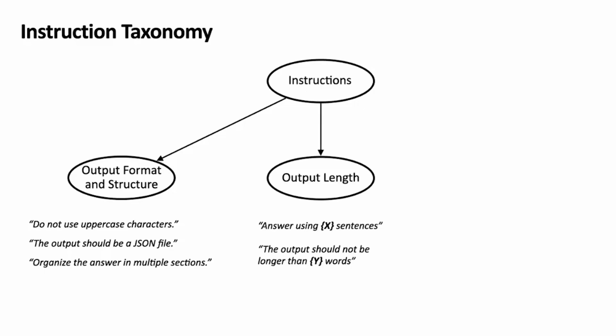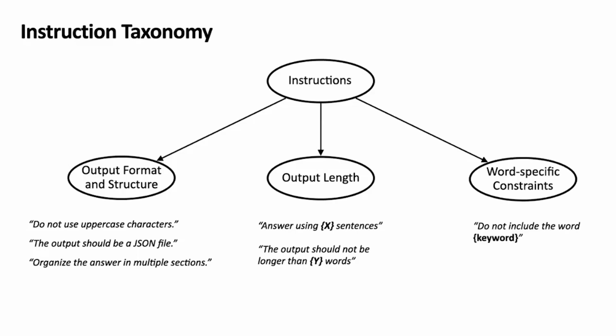The second class of constraint is about the length, and as we saw earlier, this is a fairly common type of instruction that is useful in the real world, asking the model to be either more concise, more verbose in some cases, or specifying a specific length that we would like the output to have. And finally, the third class of constraints that we consider are about specific inclusion or the exclusion of specific words.